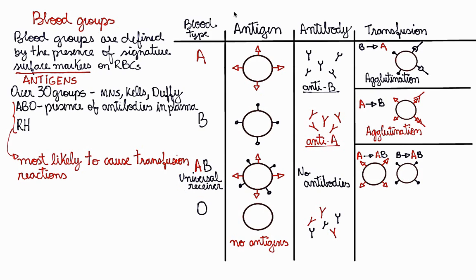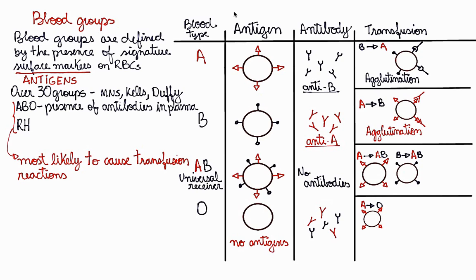On type O though, things are slightly different. In that case, a type A person is donating blood to a type O. Unfortunately, the receiver here has both antibodies, and I'm going to have that agglutination reaction happening here.